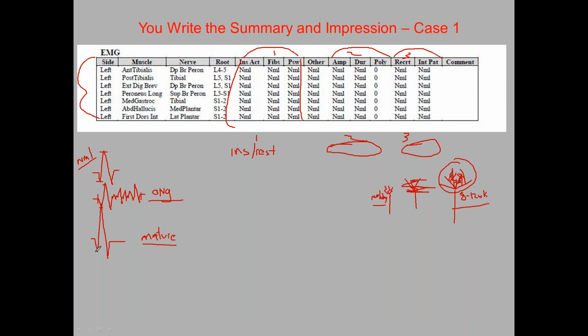Now, axonal regeneration. You lose axons, you have no motor units. When these little bitty guys first reach a muscle fiber, it looks like a fibrillation.